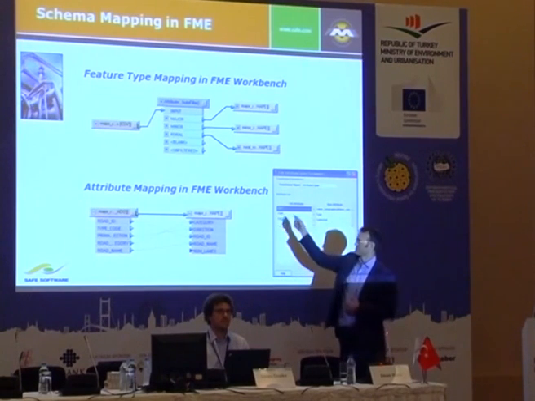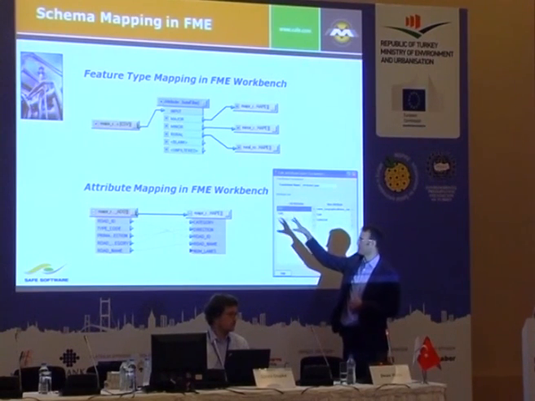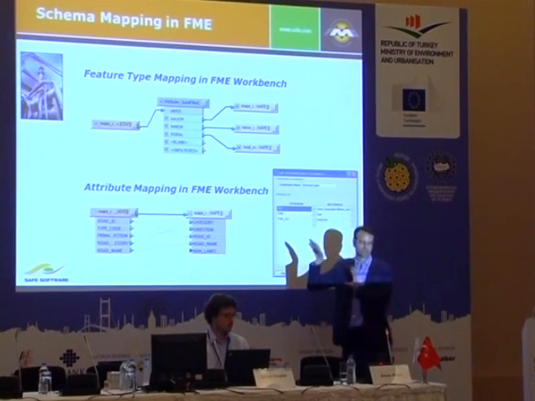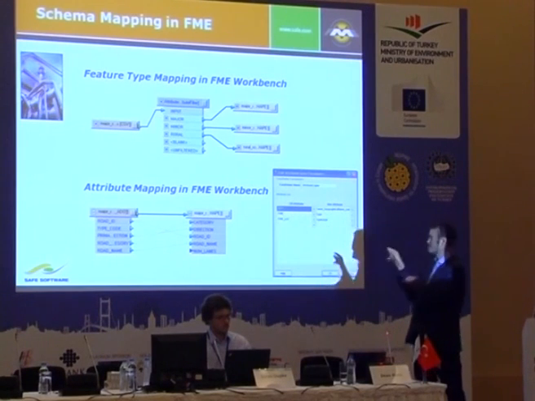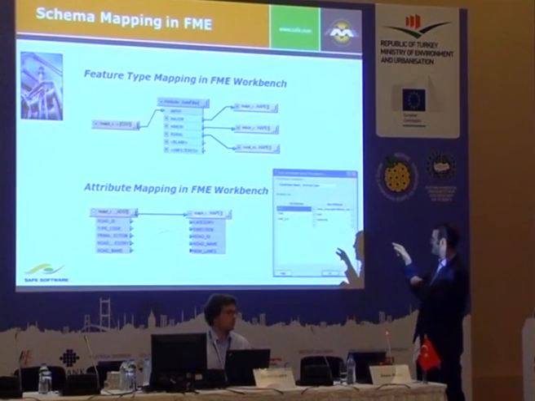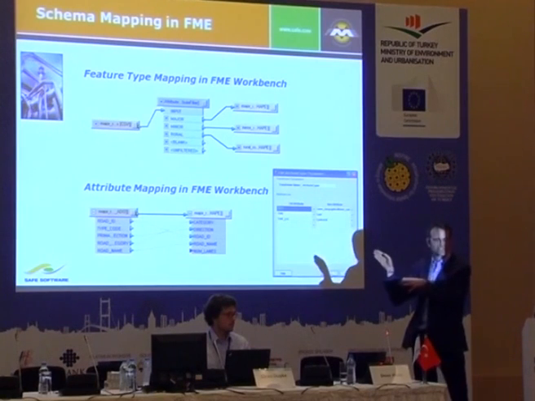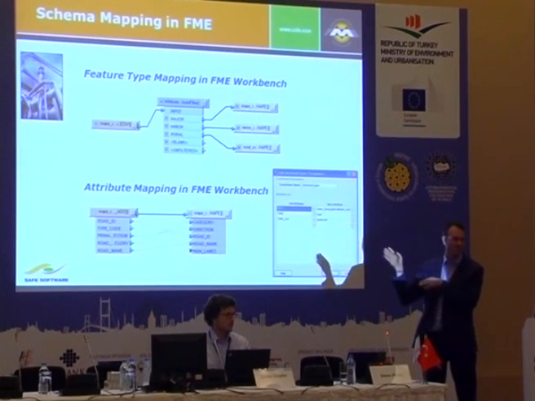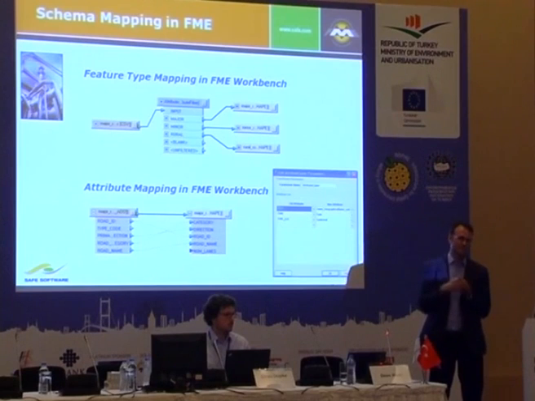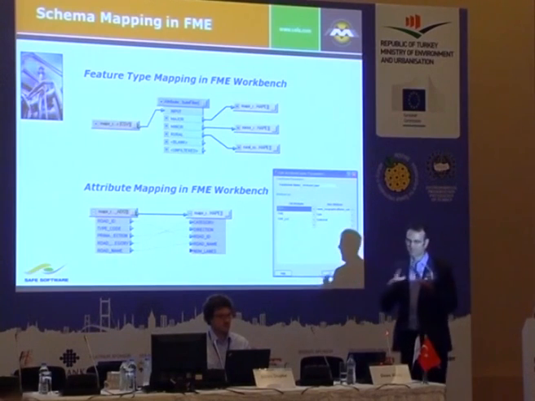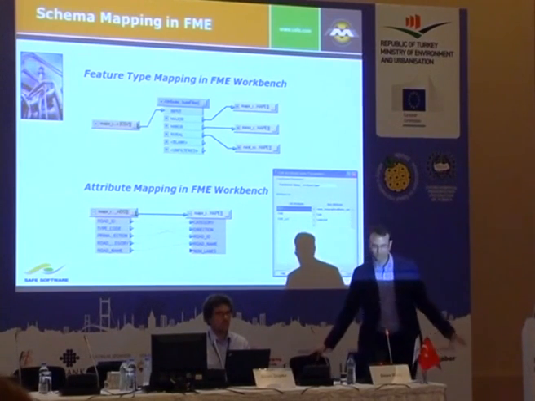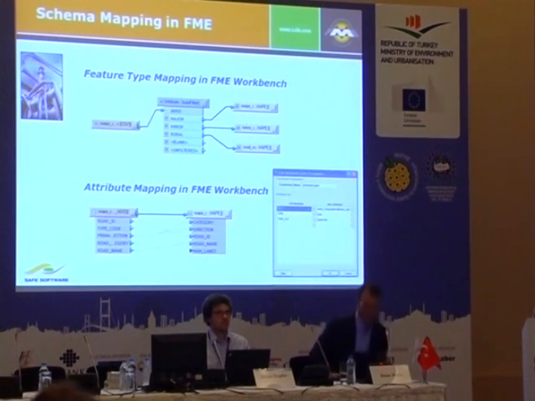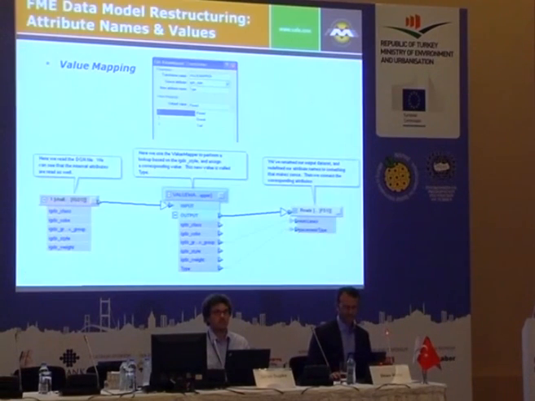Now, Soren will show you some examples later on of some transformers that they have developed, where the feature type mapping and attribute mapping are customized specifically for Inspire. And then you get context-sensitive help. But these are the building blocks that you get when you get FME.